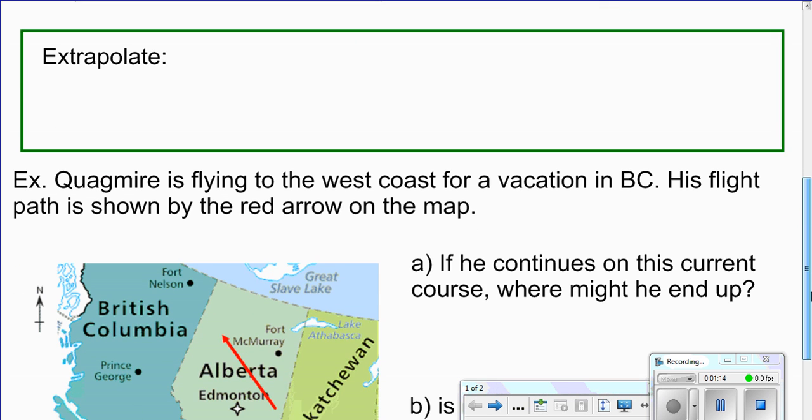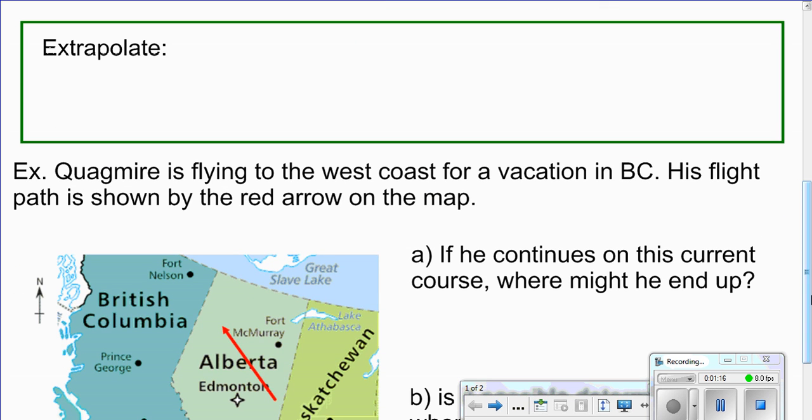So moving into our new content, extrapolating. So interpolating was looking inside the data to find another piece of data. So to extrapolate is we're going to estimate a value that is beyond our data.